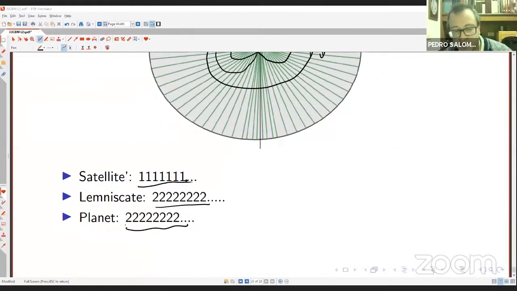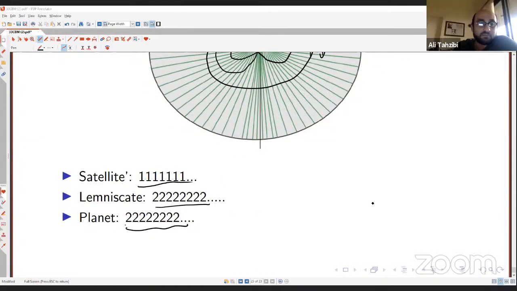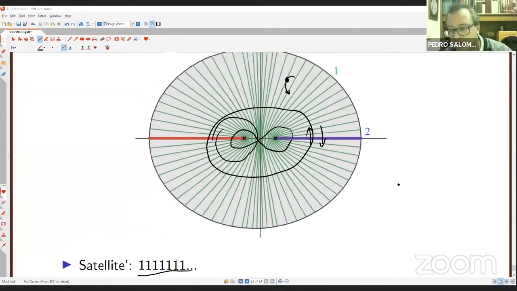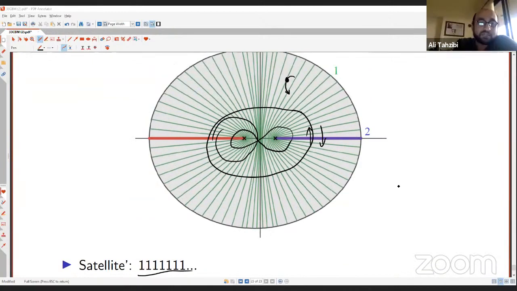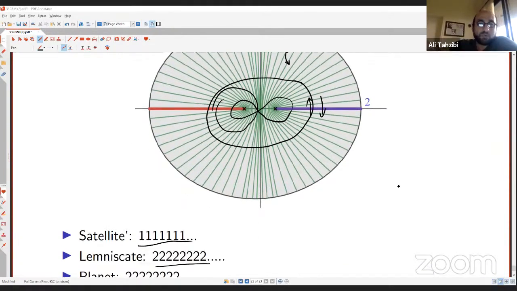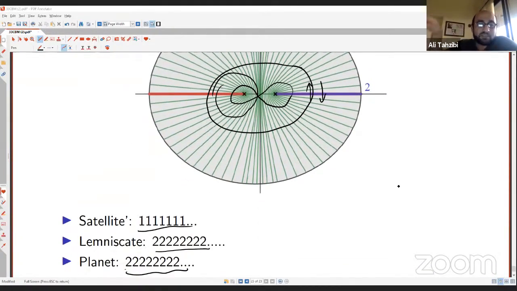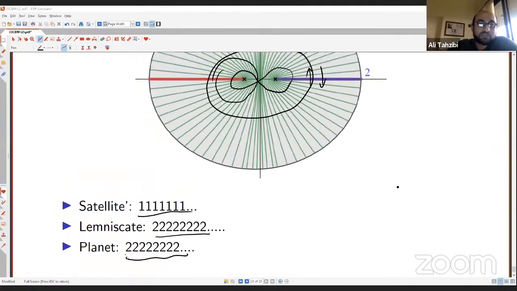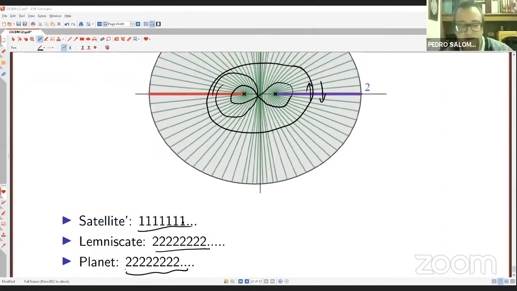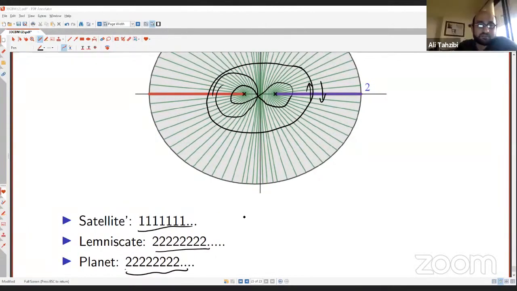Everything can be realized, is it? You mean in the three-body problem? No, here, I mean, you have satellites corresponding to 1, 1, 1, 1, but you can have this kind of 1, 1, 2, 2, 1, 2, etc. No. It's only the symbols. Only the sequences. It's a subshift.